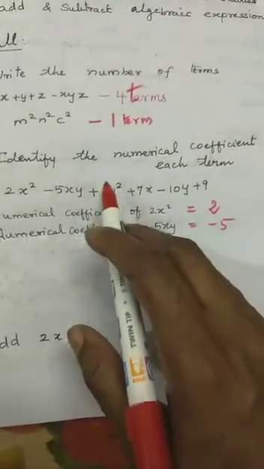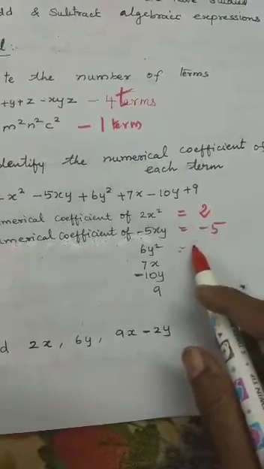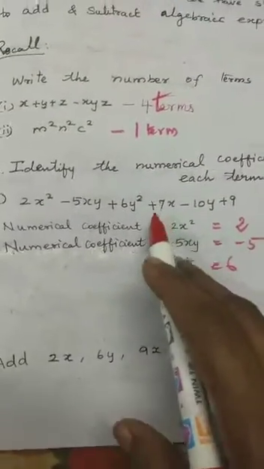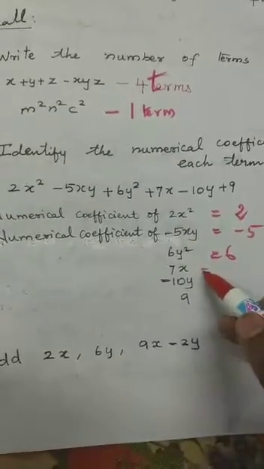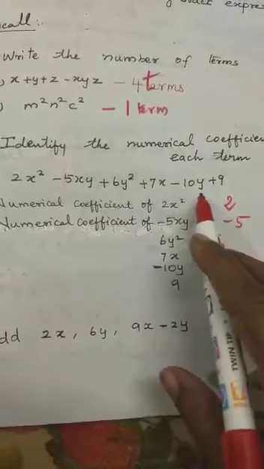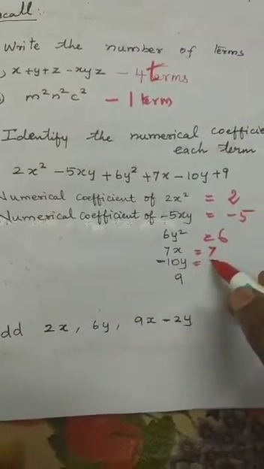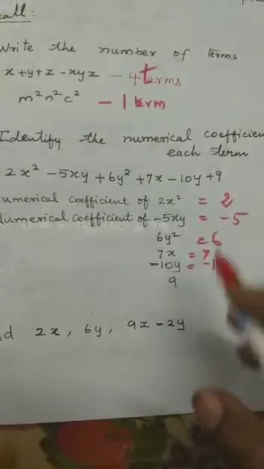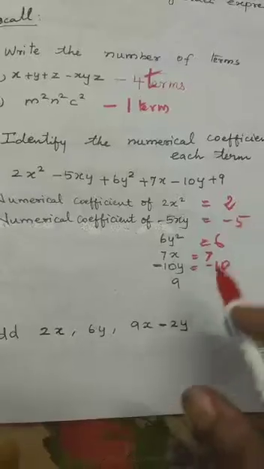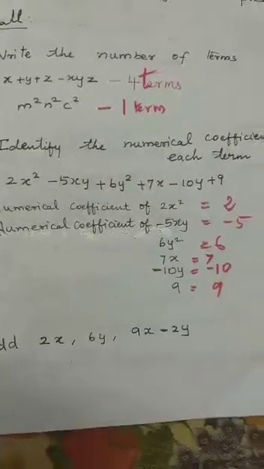The numerical coefficient of 6y square is 6. The numerical coefficient of 7x is 7. The numerical coefficient of minus 10y is minus 10. The numerical coefficient of 9, here only 9, constant term, isn't it? So here the numerical coefficient is 9.